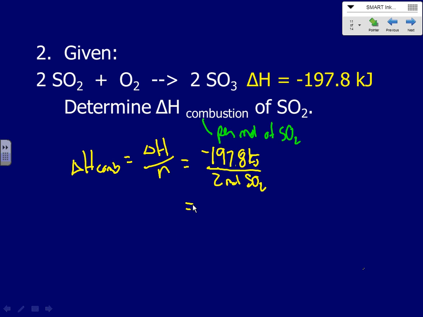So now we do some calculations. 197.8 divided by 2 equals, therefore it is negative 98.9 kilojoules per mole of SO2. And that makes it a molar enthalpy. All right? So we're not doing anything magical here. We're just using our definitions of molar enthalpy versus enthalpy, and we're using the chemical equation now to get our moles and get the information we need so that we can write it in different ways.